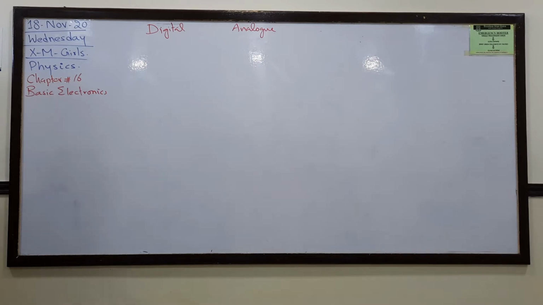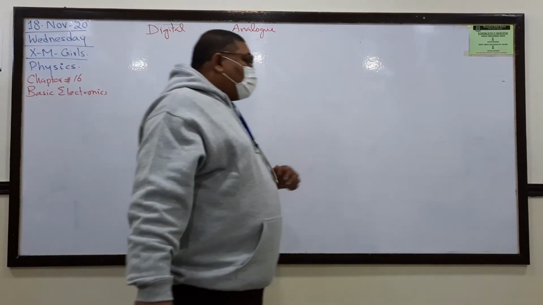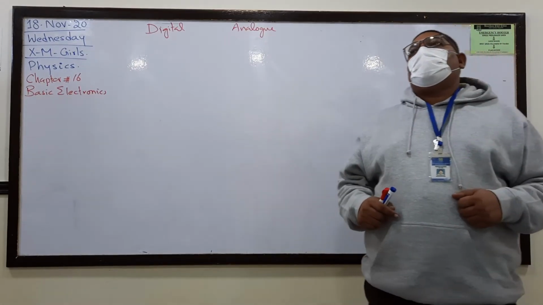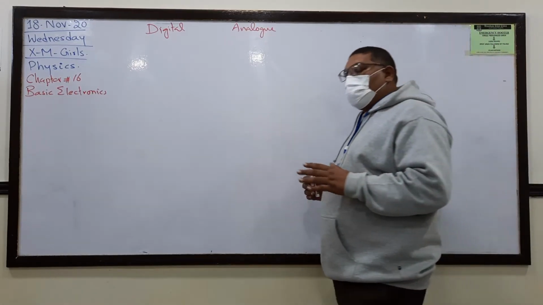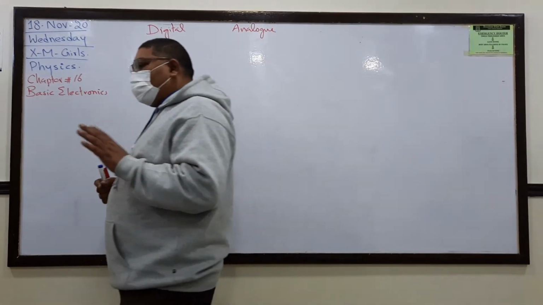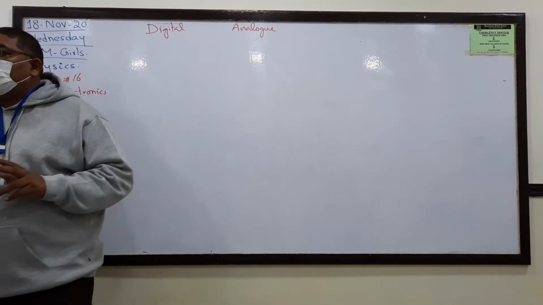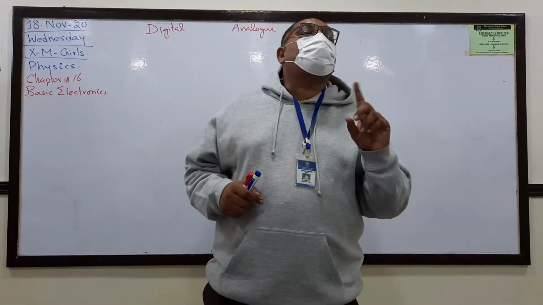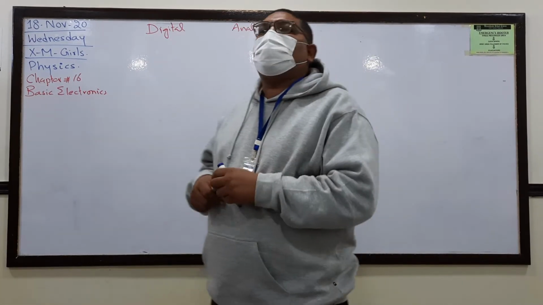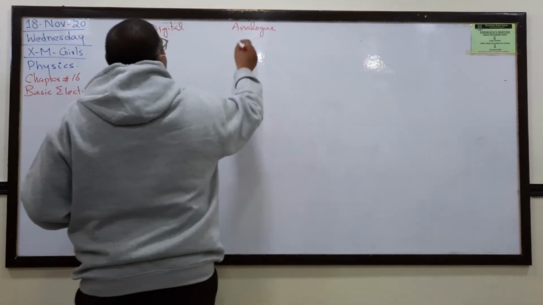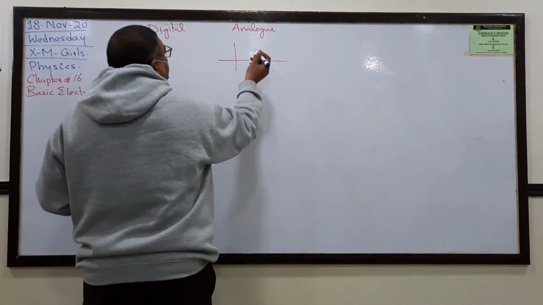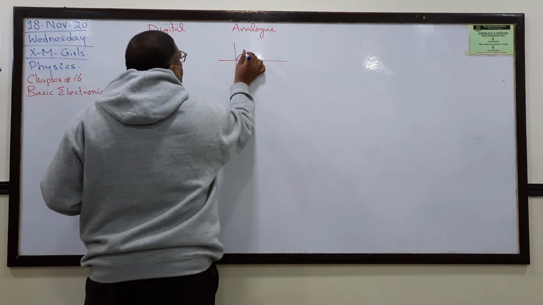Basically, analog are those quantities where, when you draw their graphs, the value of that quantity will change continuously. For example, if you draw a graph of an analog quantity, the graph will be something like this.